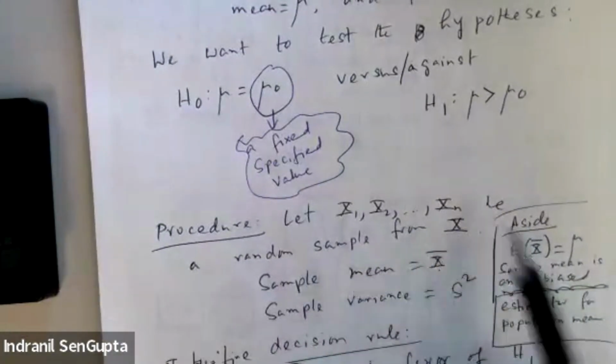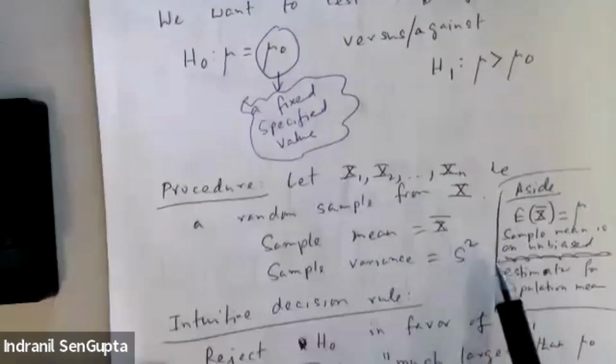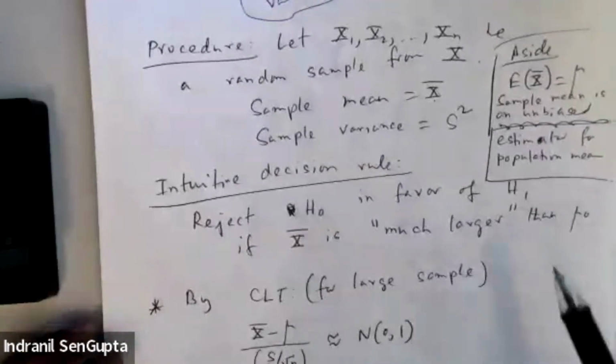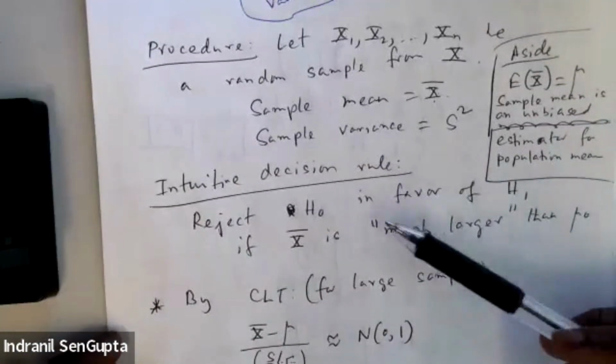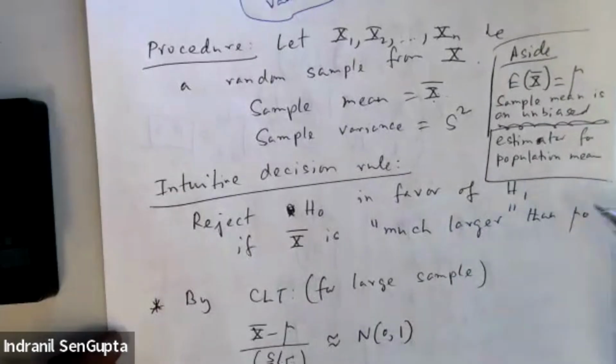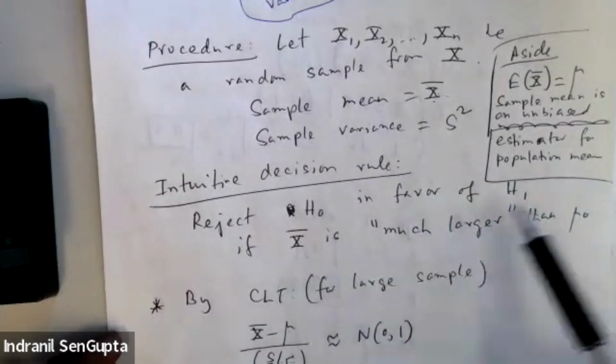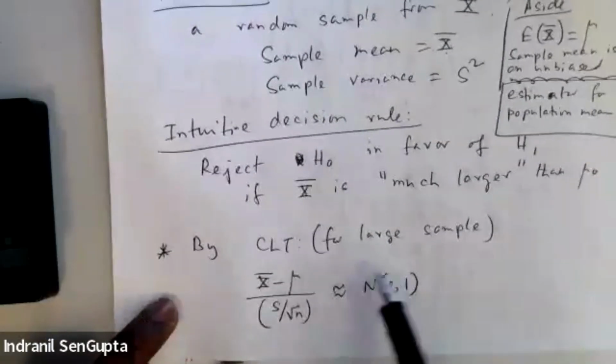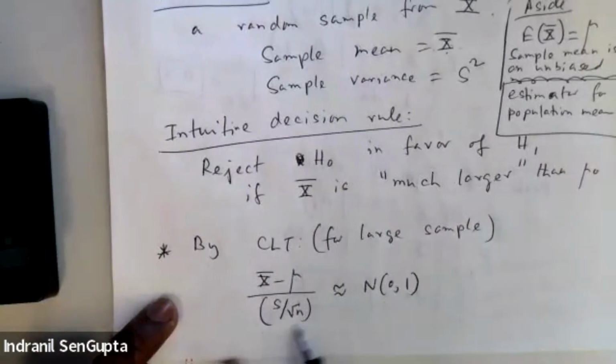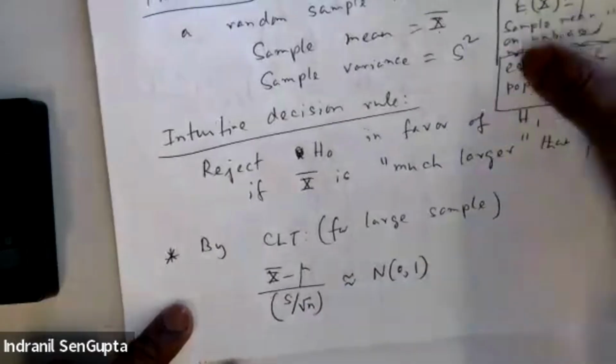We drew a sample X1, X2, ..., Xn with sample mean X bar and sample variance sigma squared. The idea is we'll reject H0 in favor of H1 if X bar is sufficiently large.